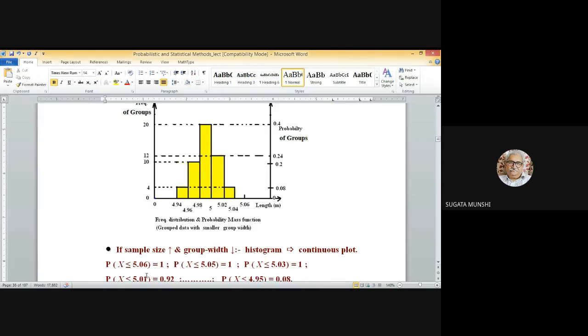Now, what will be the nature of this cumulative distribution function? Forget about these groups. From the probability mass function, you can easily obtain the cumulative distribution function, isn't it?